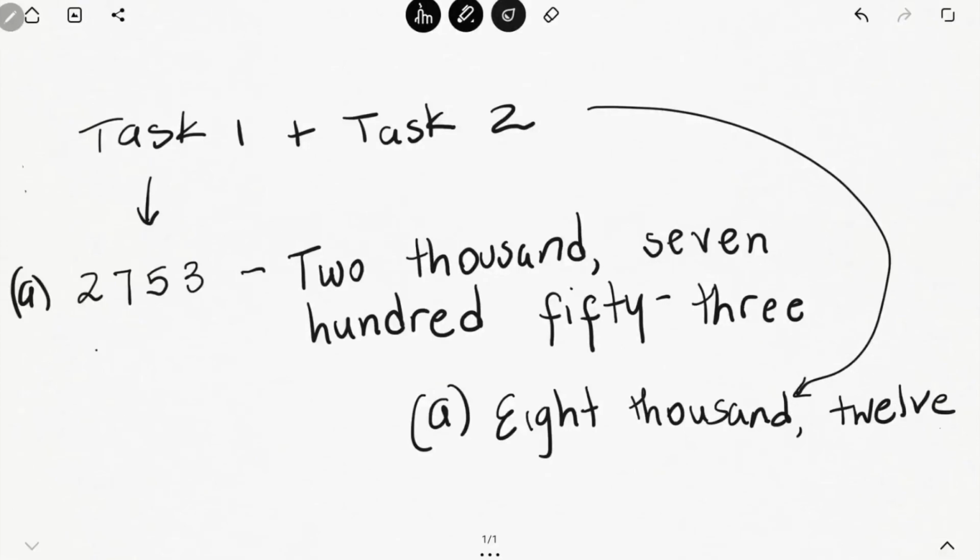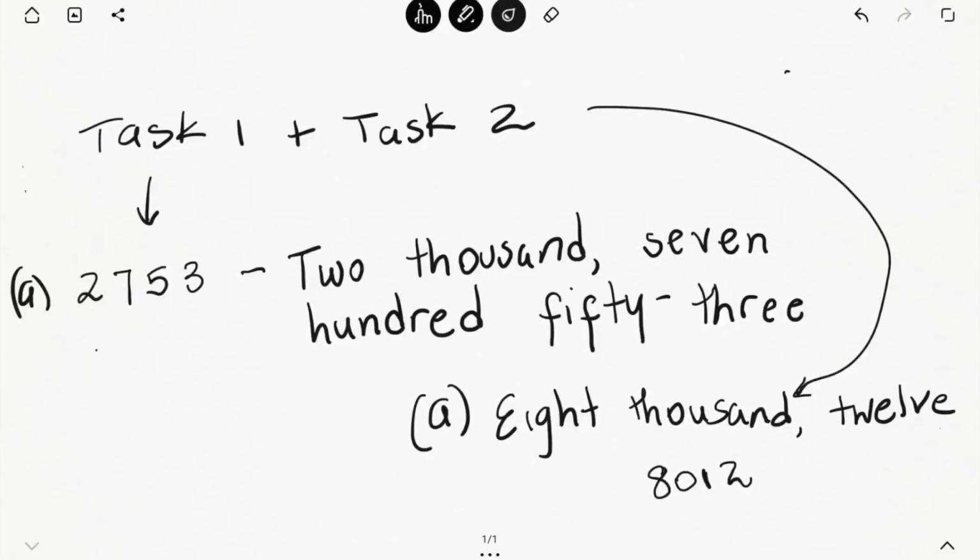So pause the video now, go ahead and do it. Now come back, and this is what I wrote. Oh, they didn't specifically say these were dollars, so let me not put a dollar sign. It's going to be 8,012.